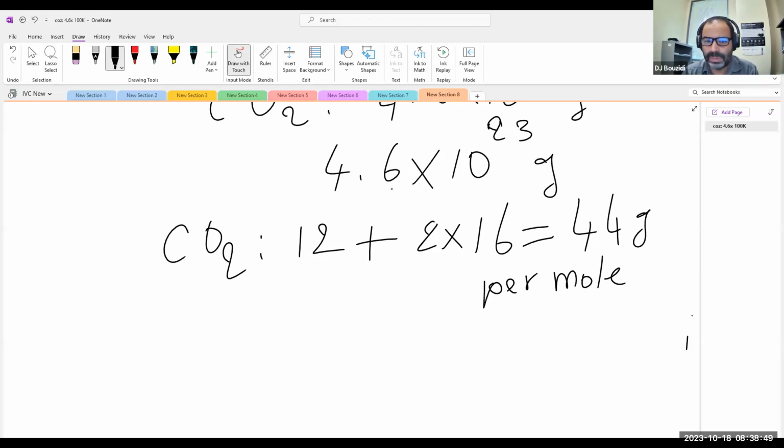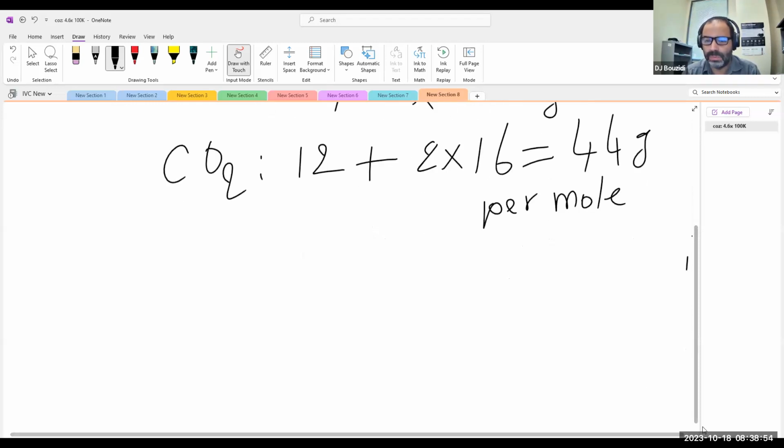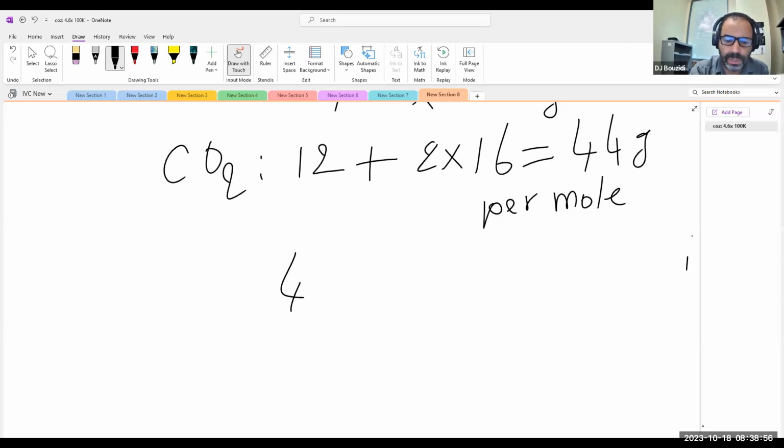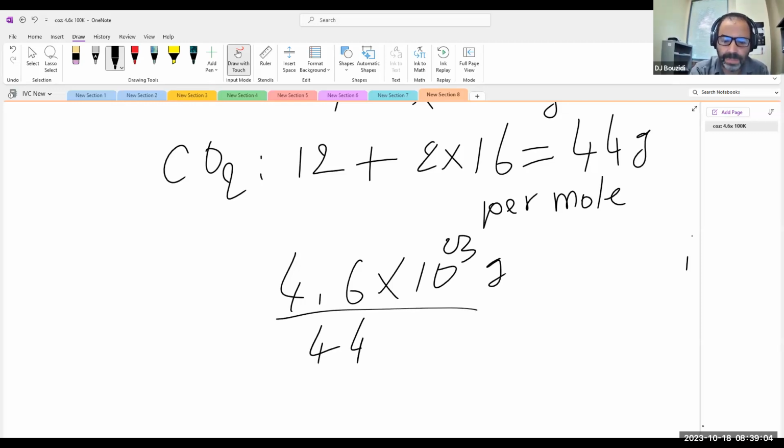But I don't have 44 grams. I have 4.6 times 10 to the power 23 grams. So I have this many moles: 4.6 times 10 to the power 23 grams divided by 44 grams. That's the number of moles. Obviously, the grams cancel, and it's going to give me a number.